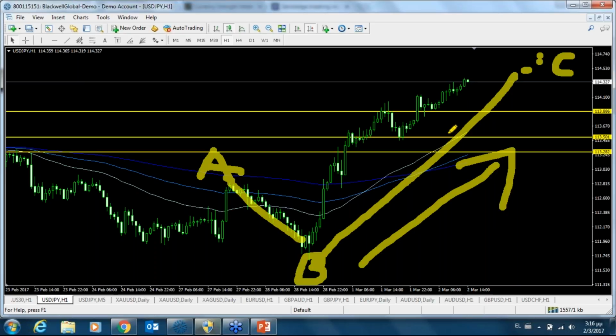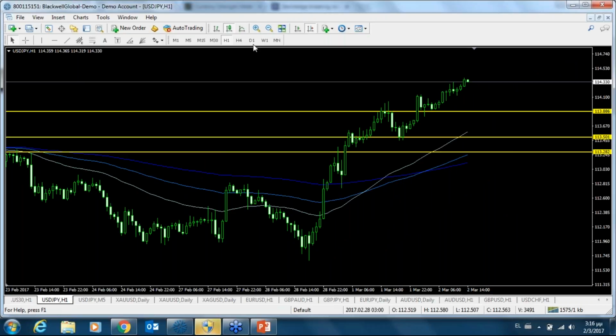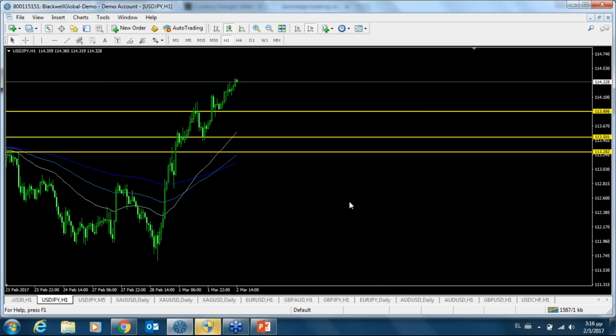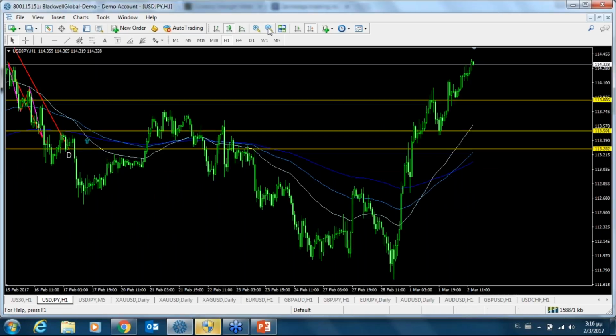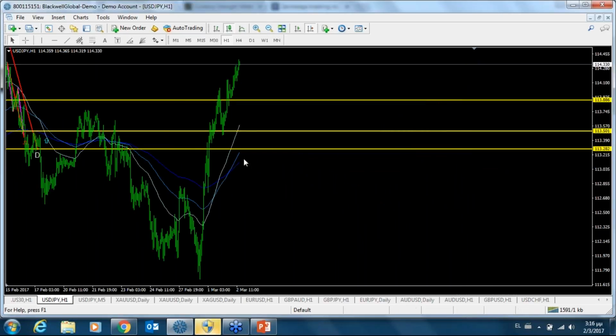Of course, there's no such thing as a straight line, so you will see ups and downs, but the direction is to the upside. The other thing that is very important is to look at the clock angle and to compare at least 3 time frames to get an idea of what the trend may be. Here, for example, we're looking at a very nice angle.